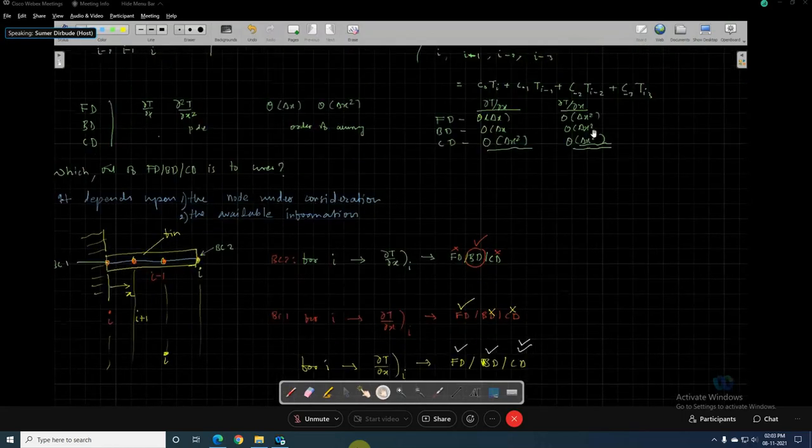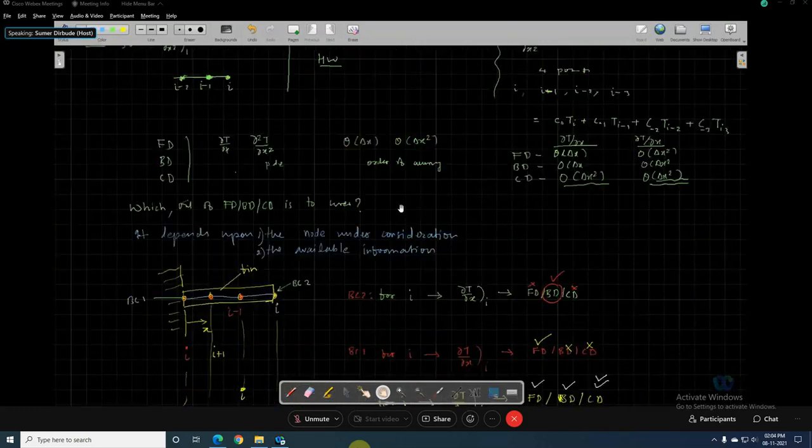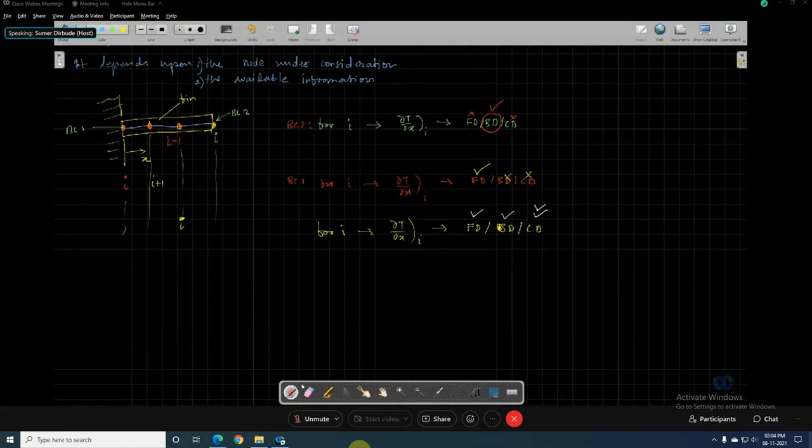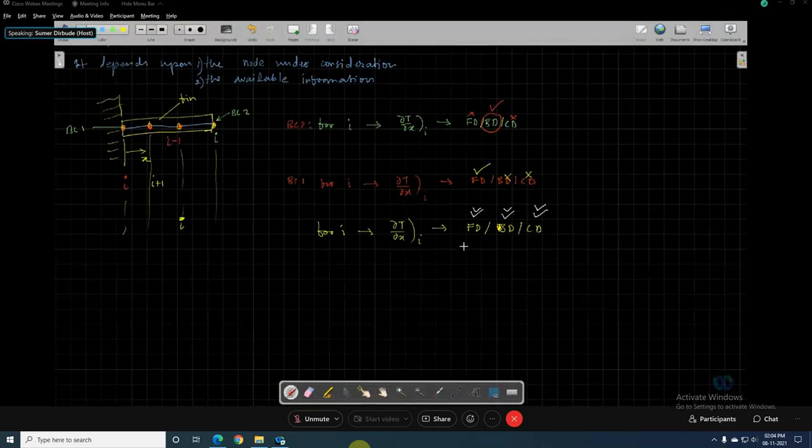These expressions I can get, and again I can use any of these, because for I point, I plus 1 information as well as I minus 1 information is available. So either you can take backward difference, forward difference, or central difference.